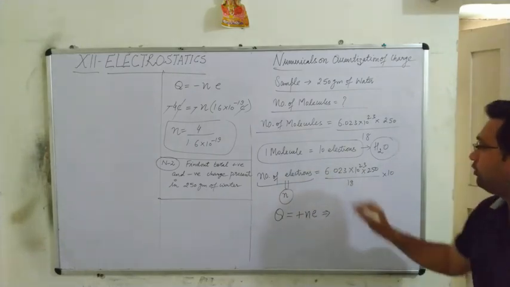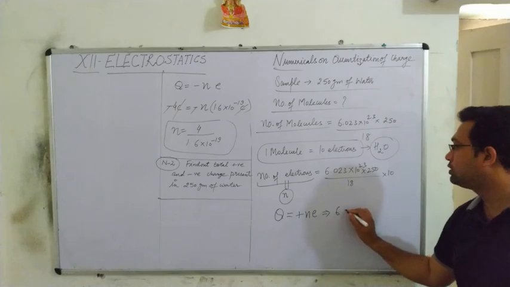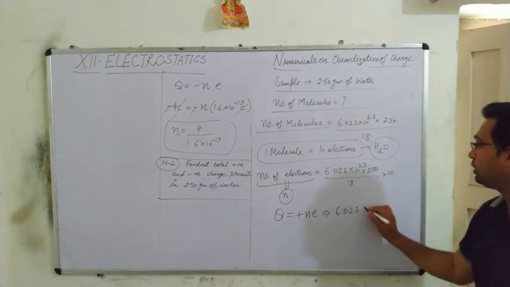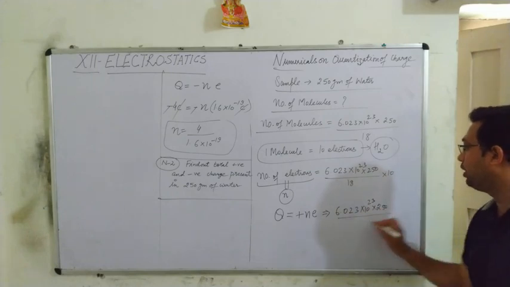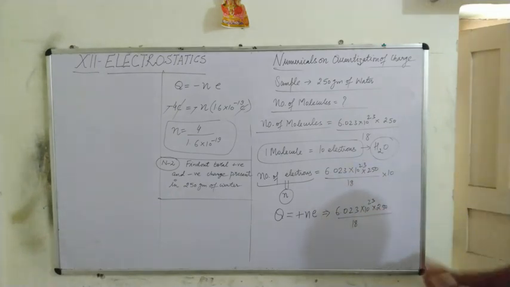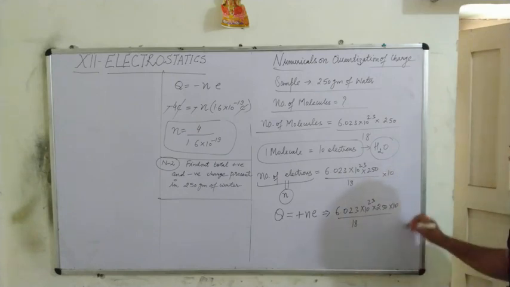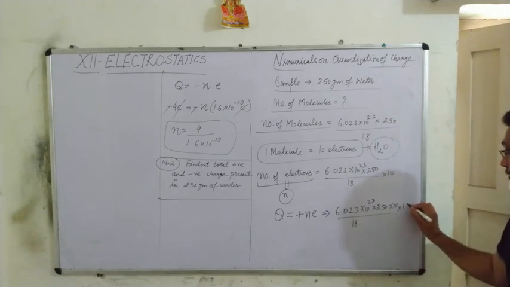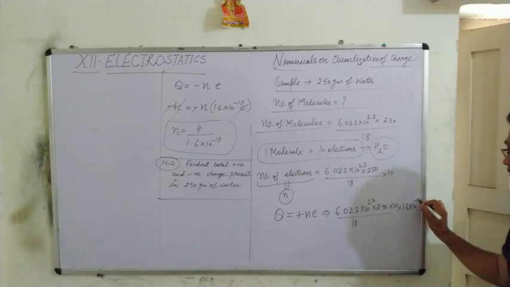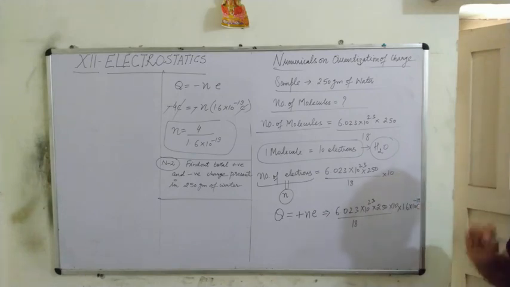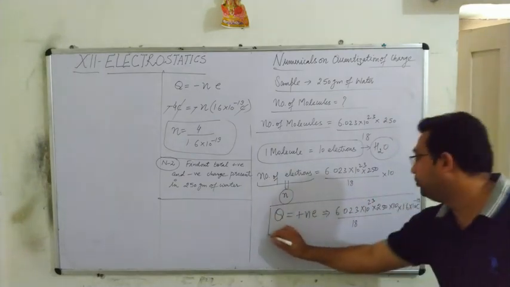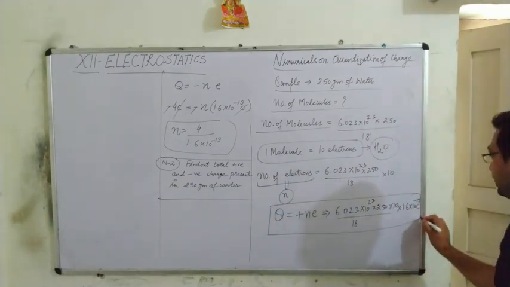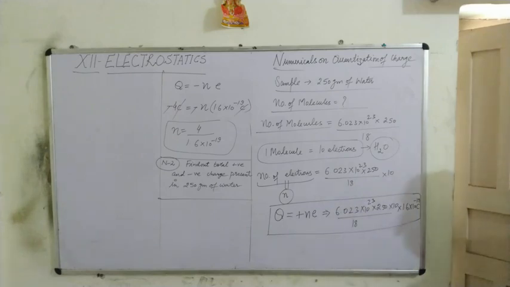Now we can put the value of N: 6.023 into 10 power 23 into 250 upon 8 into 10 into 1.6 into 10 power minus 19 Coulomb. So this is the total positive charge present in 250 gram of water.